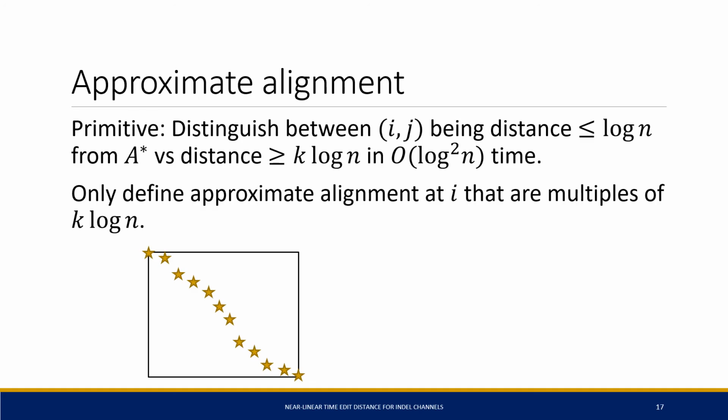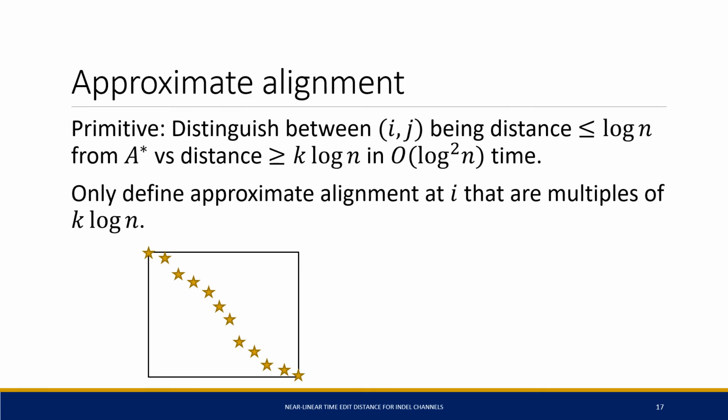So given this primitive, what we're actually going to do is not construct an entire approximate alignment. Instead, what we call an approximate alignment is really going to be a set of points in the DP table, one for each i that's a multiple of k log n, such that each of these points is close to A star, as in within distance, say, k log n from A star.